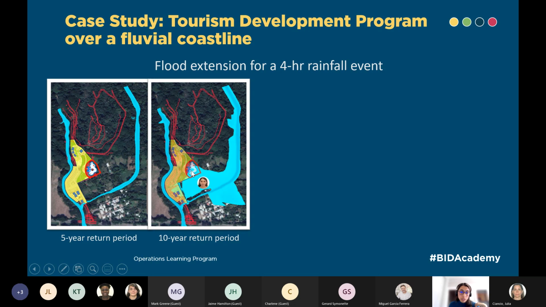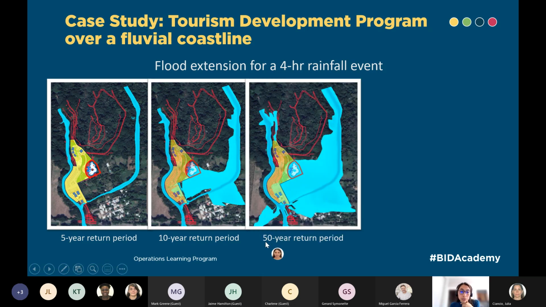You can see that there are areas that may be flooded after one of these events happens, but also the communities that are located nearby. This is important to consider in our analysis. It's not just how the project may be impacted, but also the nearby communities, because all the actions and decisions that we take must consider all the context.